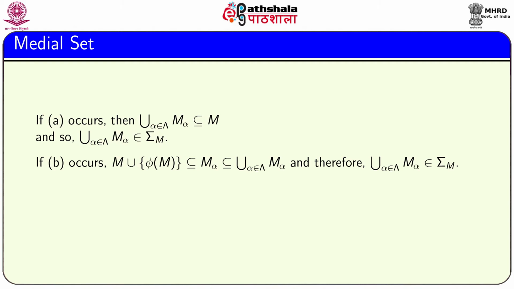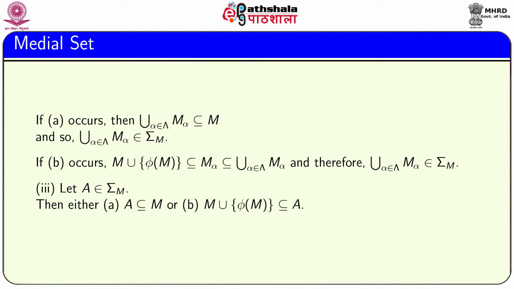If A occurs, then union M alpha is a subset of M, and so the union M alpha is inside sigma M. If B occurs, then M union set phi M is a subset of M alpha, which is contained in the union M alpha, alpha belonging to lambda, and therefore, union M alpha will be inside sigma M.